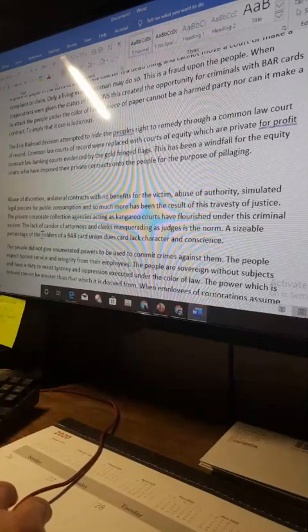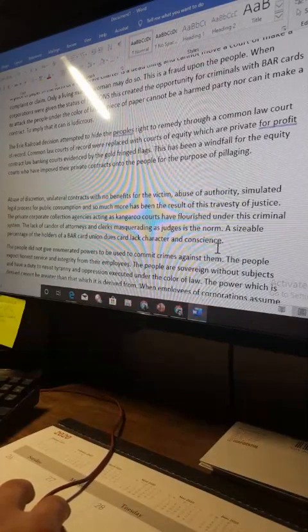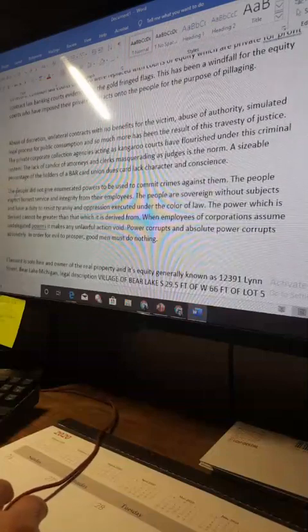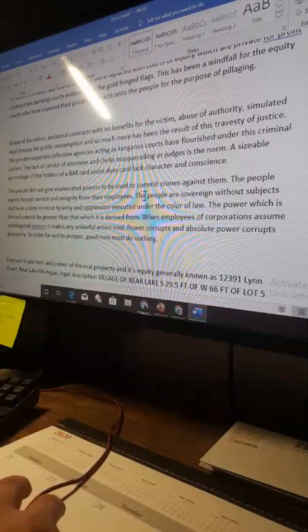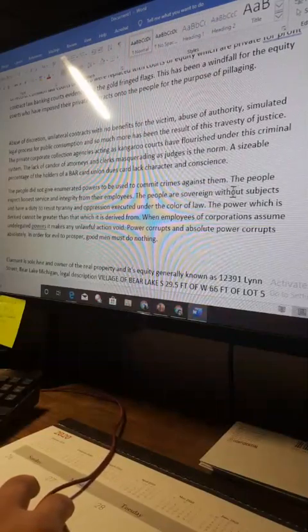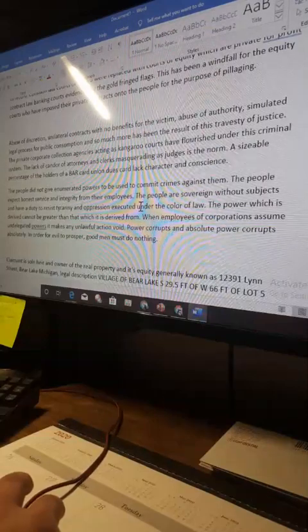A sizable percentage of the holders of bar card union dues cards lack contract character and conscience. The people did not give enumerated power to be used to commit crimes against them. The people expected honest service and integrity from their employees.